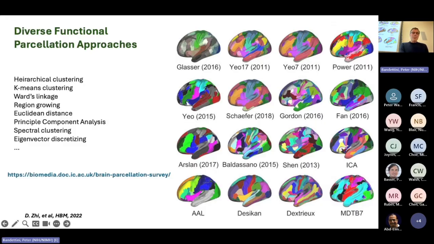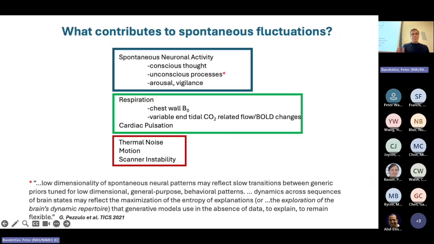The ones that are most popular are the Yao Atlas and the Glasser Atlas. Matt Glasser, by the way, won the Early Career Investigator Award this year with OHBM, partially because of this atlas that he created. There are many other ones and many different ways of making them, which I'm not going to get into.